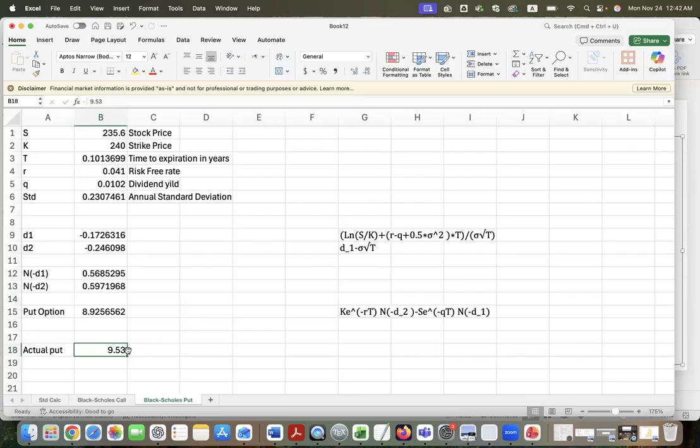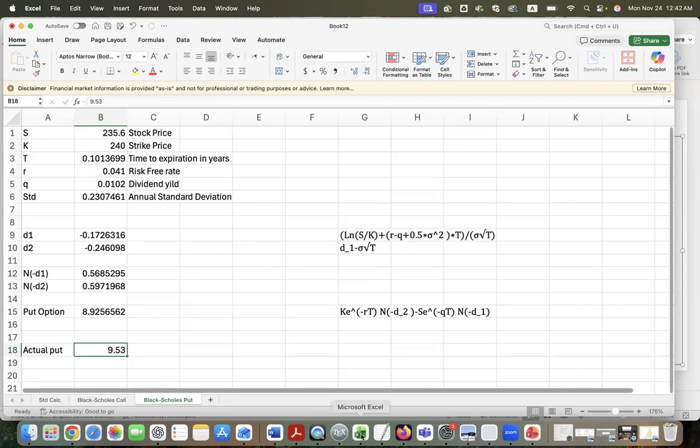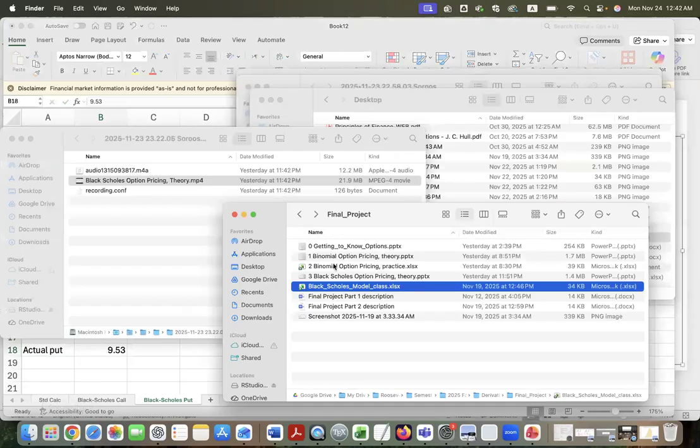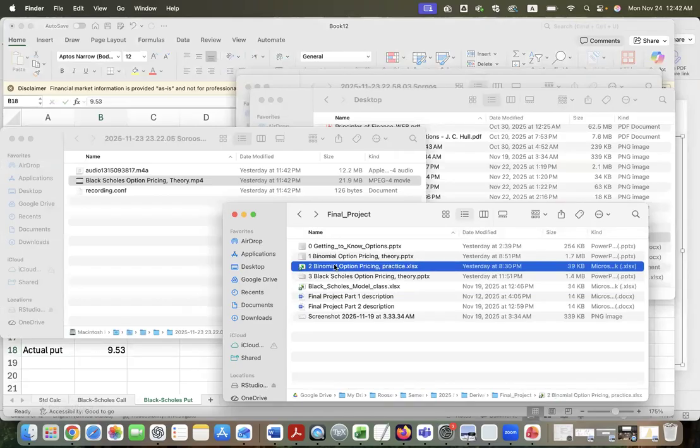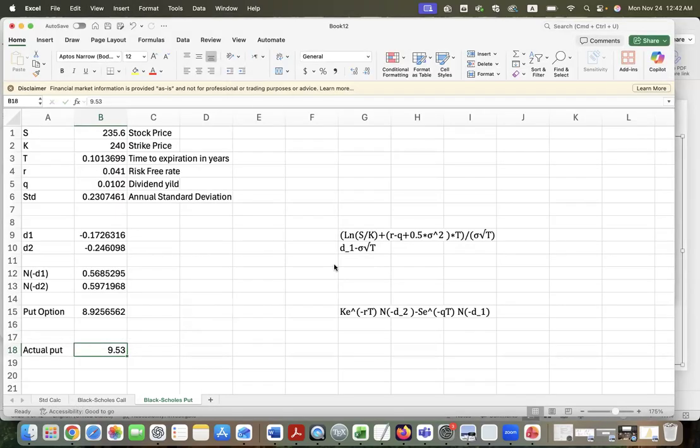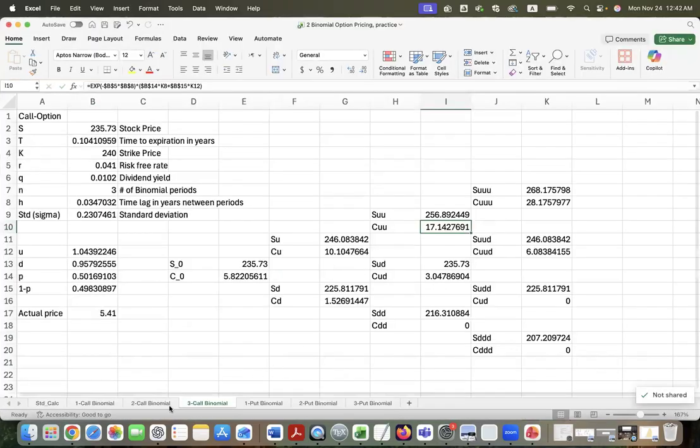Yeah, that's it for option pricing. And you can also compare these numbers to binomial option pricing. For example, here's the binomial call.